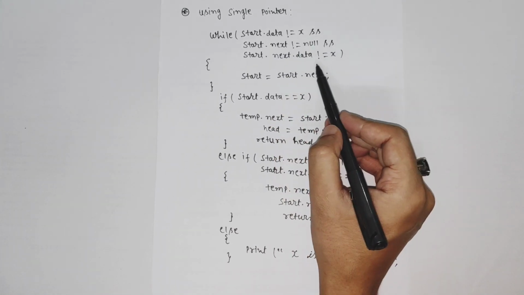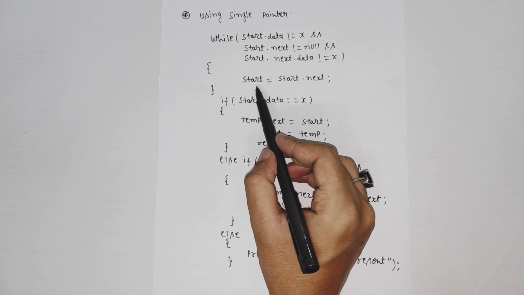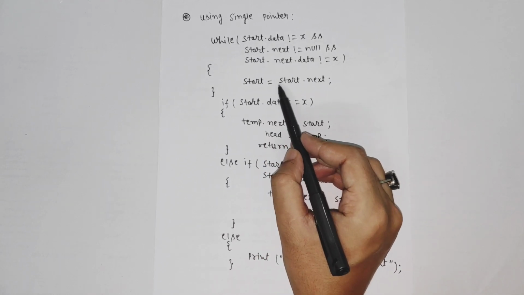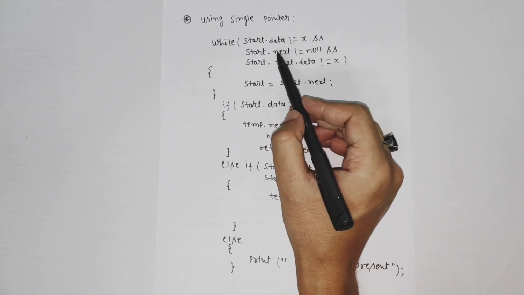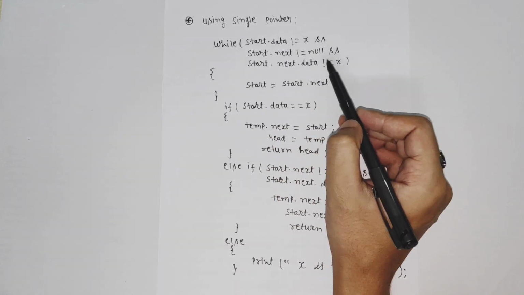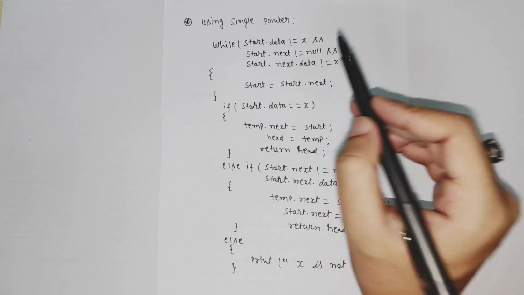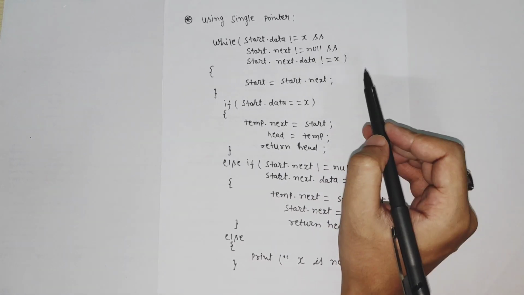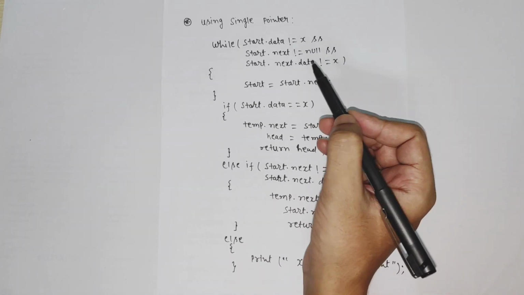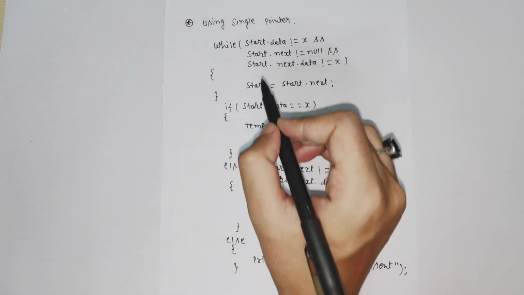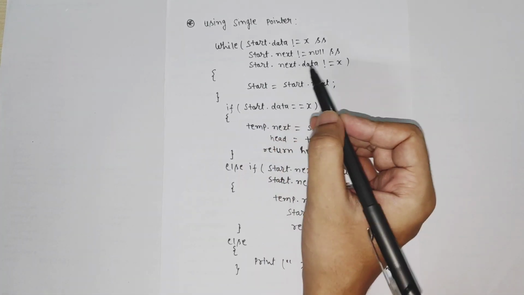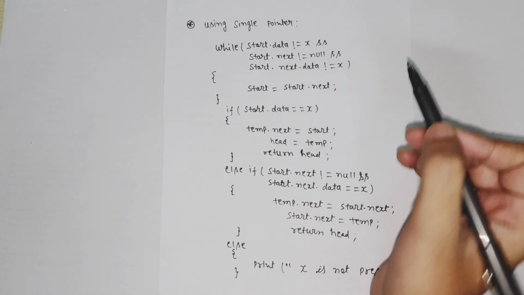If all these conditions are satisfied, then we are incrementing our start node to start.next. Why are we writing like this? Because we are checking the next node data part. Suppose our next node data part is our data, then we are just before that node. So in that case, it will be very easy to insert a node.